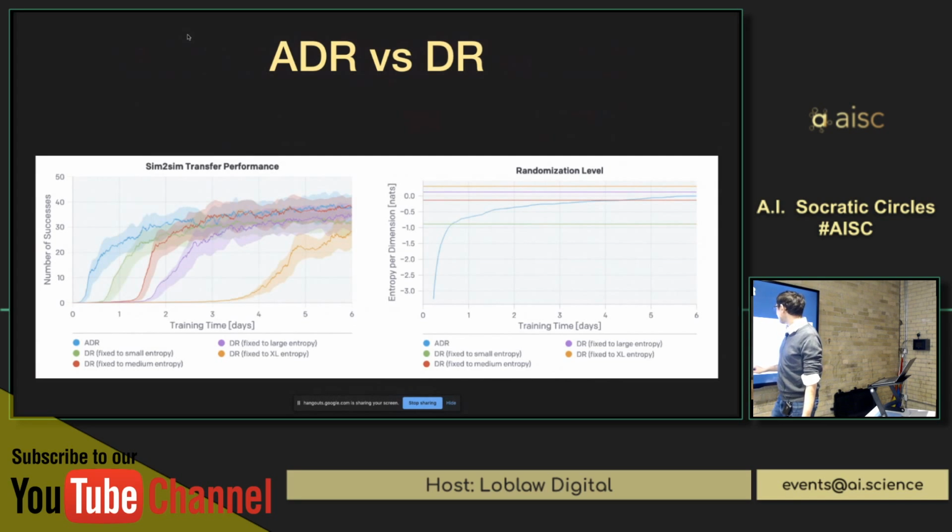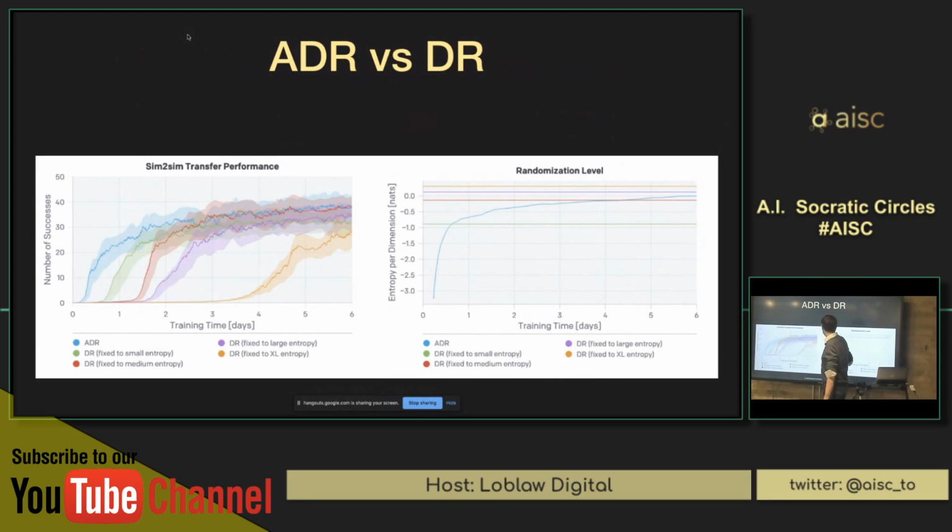And if you have it really low, it also prevents training appropriately. This interval is already much higher than this one, where there's almost no noise. And you see the ADR outperforms all the other fixed DRs.